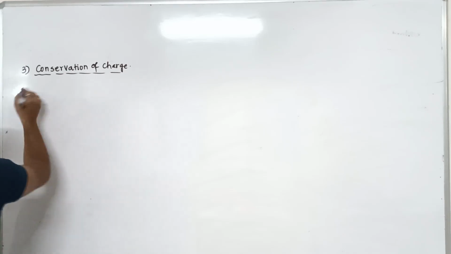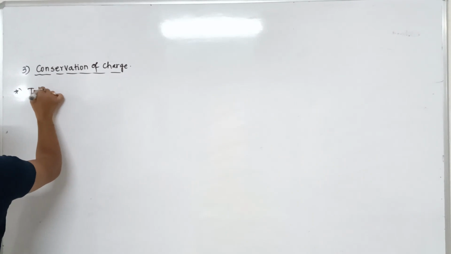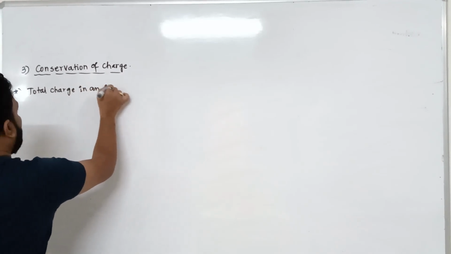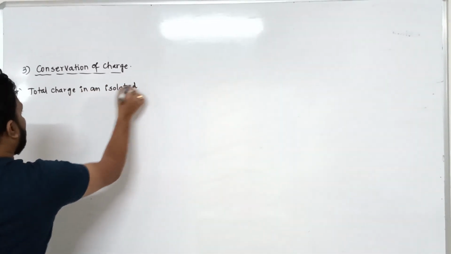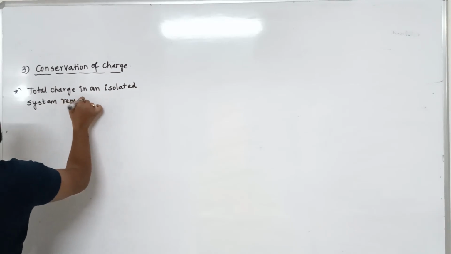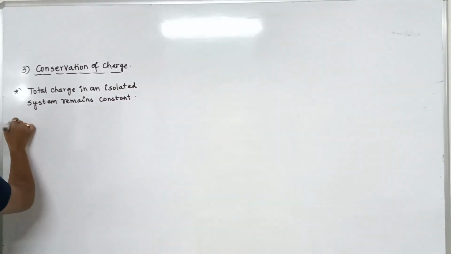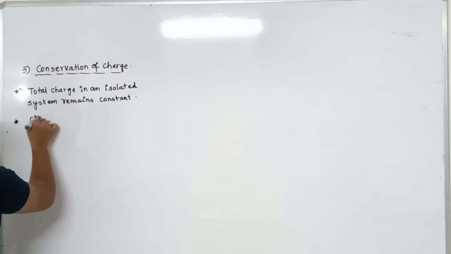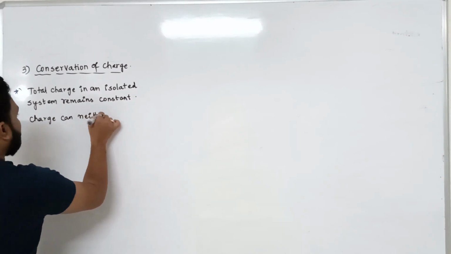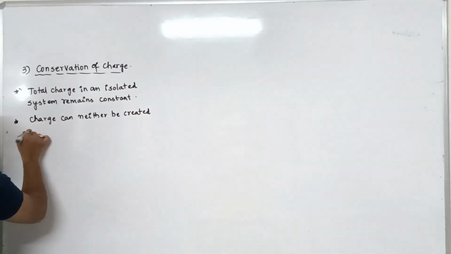So in the conservation of a charge, we are writing the first important point: total charge in an isolated system remains constant. Second point we are writing, charge can neither be created nor destroyed.